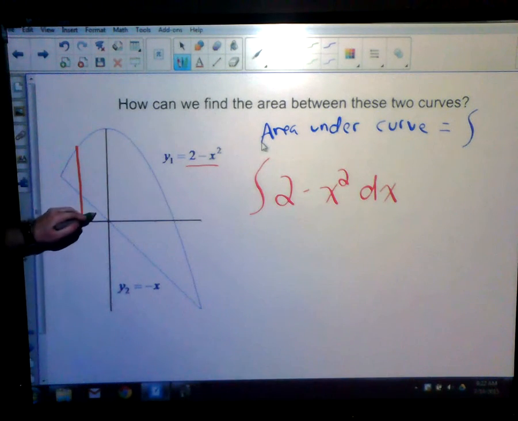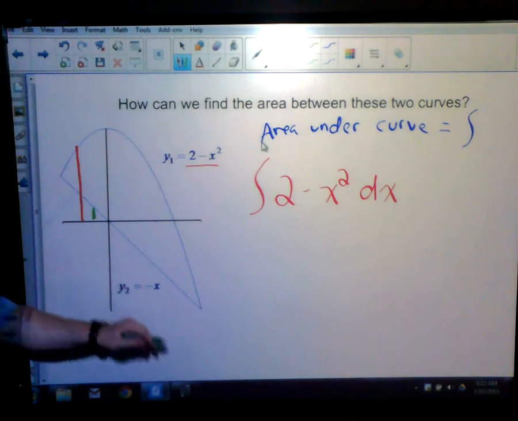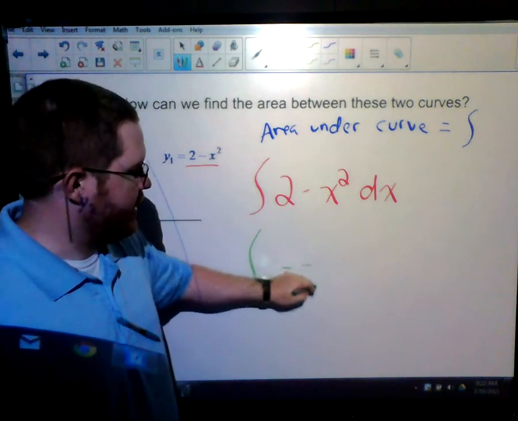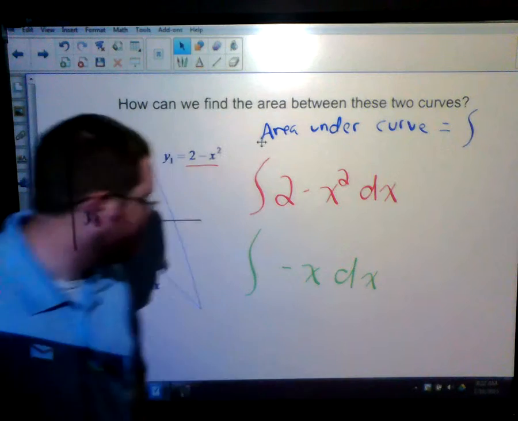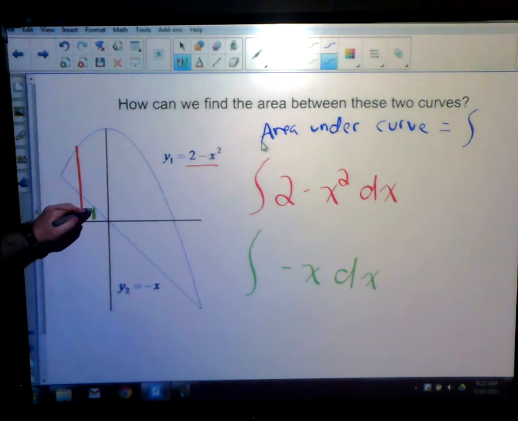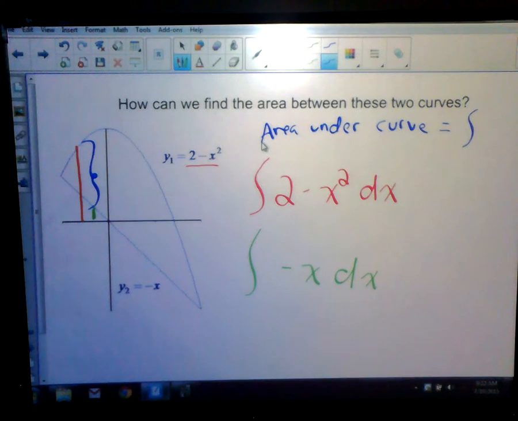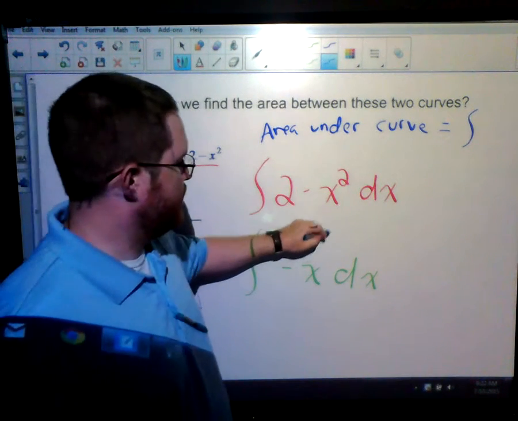The area under this little curve would be negative x. So how do I calculate the area between these two things? I'm going to subtract these two.